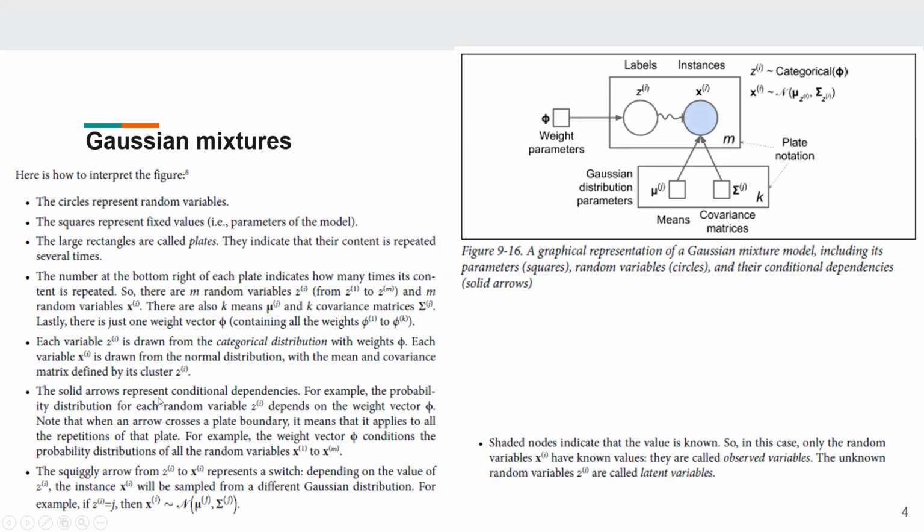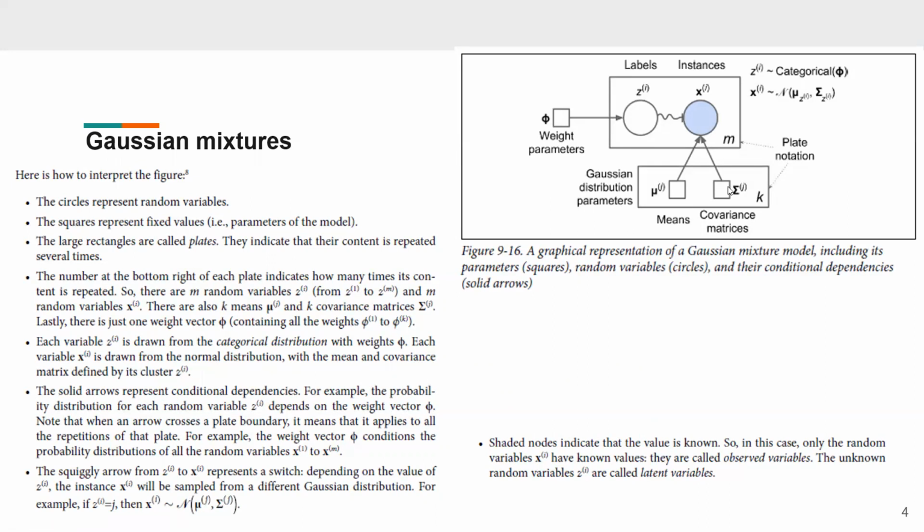The solid arrows represent conditional dependencies. For example, the probability distribution for each random variable zi depends on the weight vector phi. Also note that when an arrow crosses a plate boundary, it means that it applies to all the repetitions of that plate. For example, the weight vector phi conditions the probability distribution of all the random variables x1 to xm.